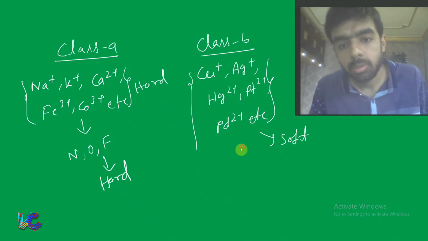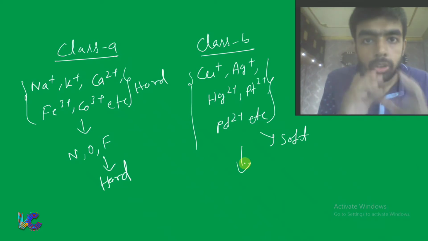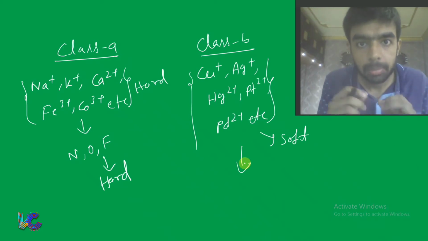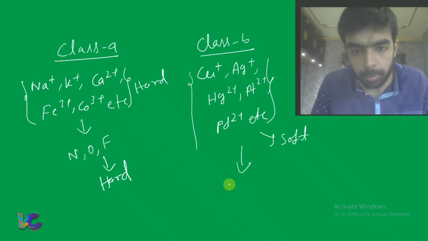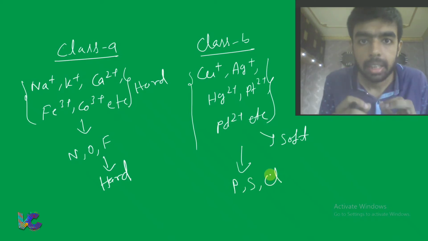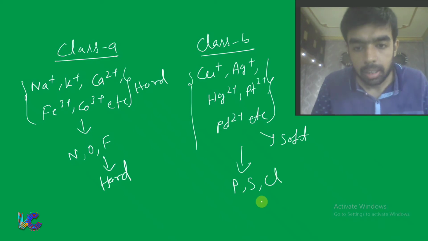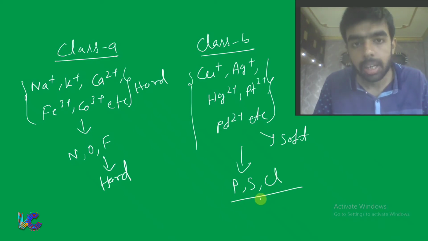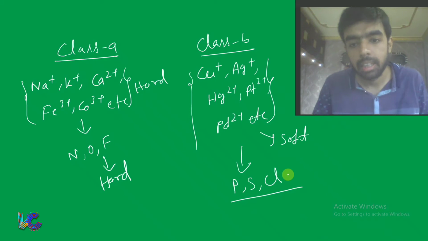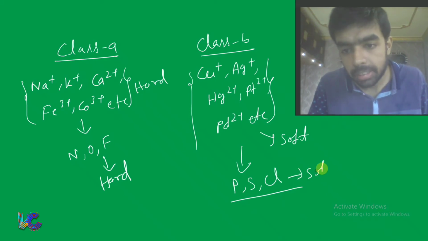So these will prefer to combine with soft base, or you can say soft ligand. That means the ligand where the donor atoms are P, S or Cl, which are soft in nature.